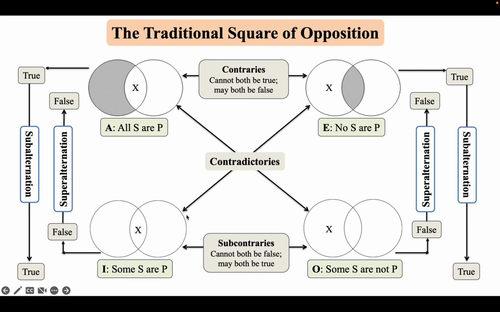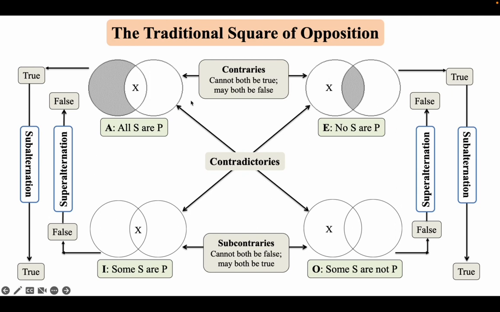Contradictory statements have opposite truth values. So if all bananas are yellow is true, it must be false that some bananas are not yellow. And if it's true that no bananas are yellow, then it must be false that some bananas are yellow, and vice versa.